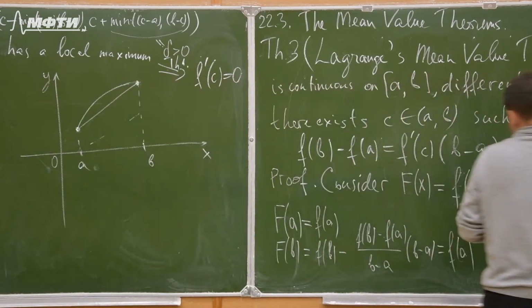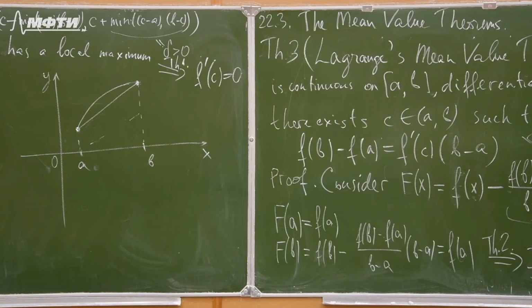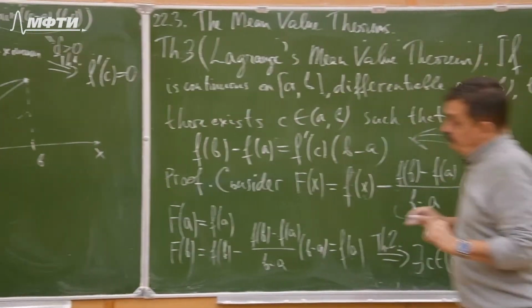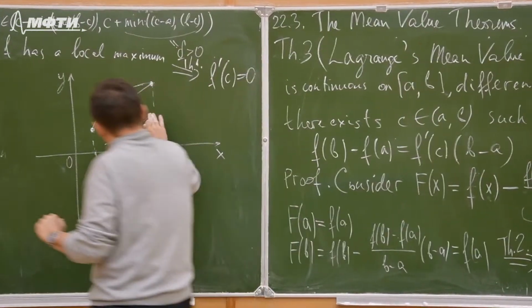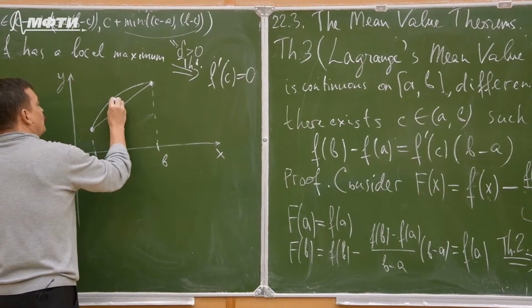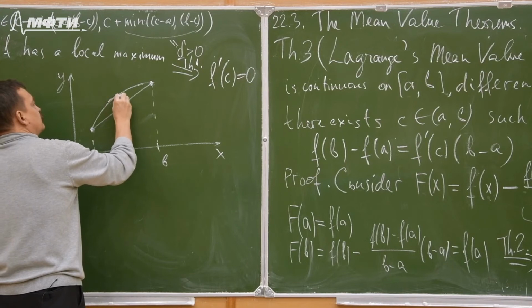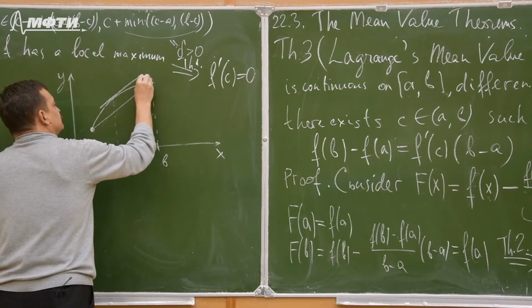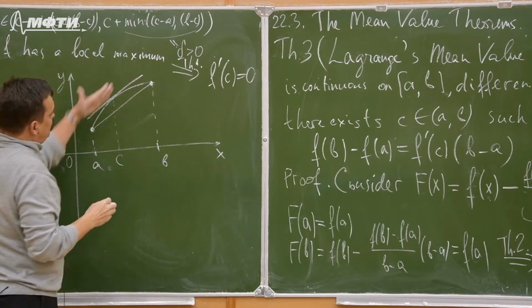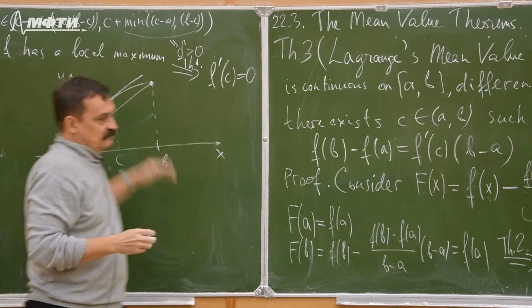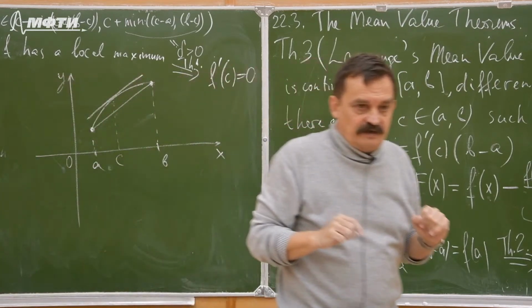That is capital F. But it is not so important for geometric interpretation. For geometric interpretation, what is important? What is point c? That is a point where the tangent to the graph of our function is parallel to this line.